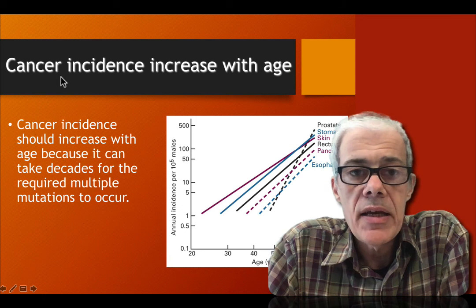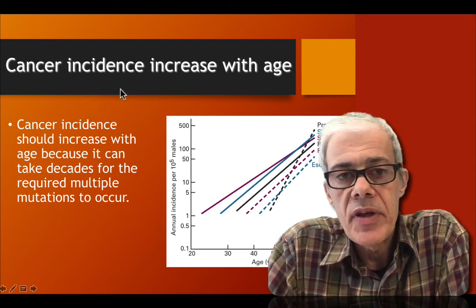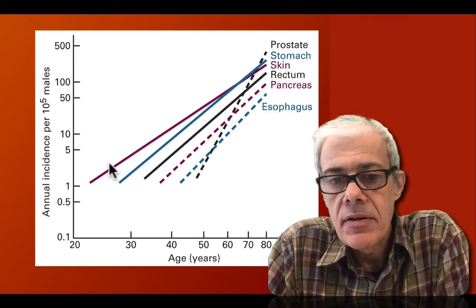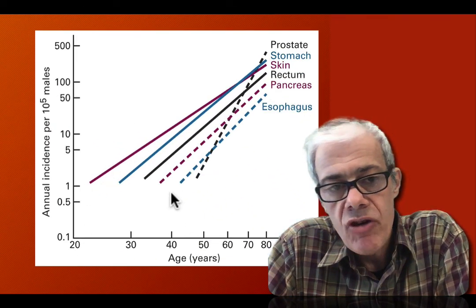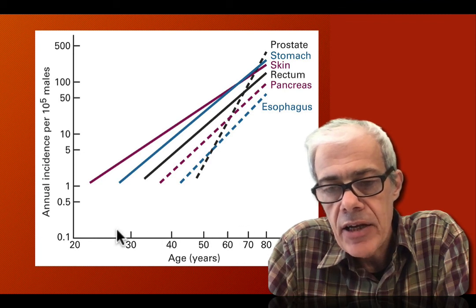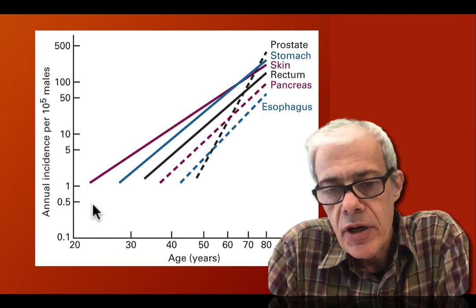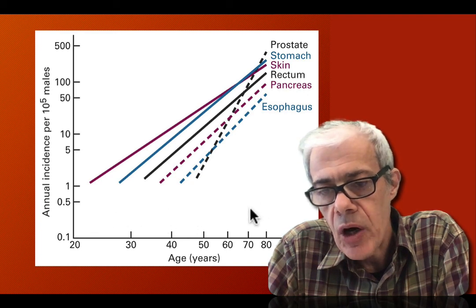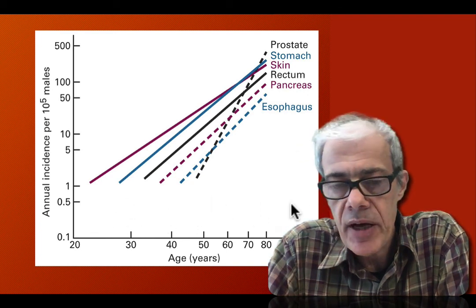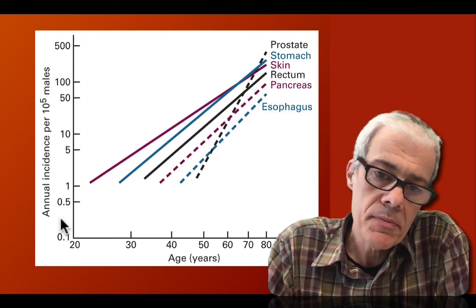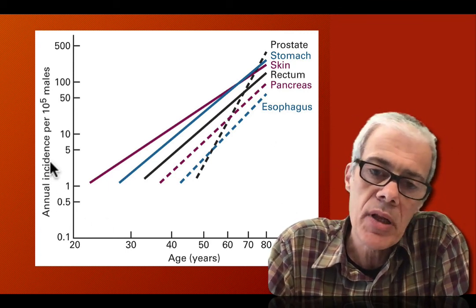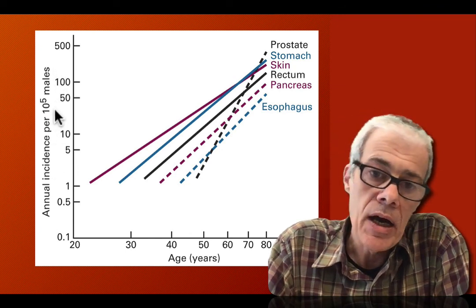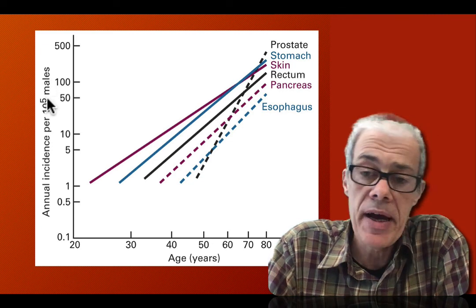So again, here we're looking at the incidence of cancer as it relates to age, and in this graph we're looking at age on the x-axis, so younger children here, moving through to middle age, through to old age in this direction, from left to right. And on the y-axis, we're looking at the annual incidence of cancer per 100,000 males.